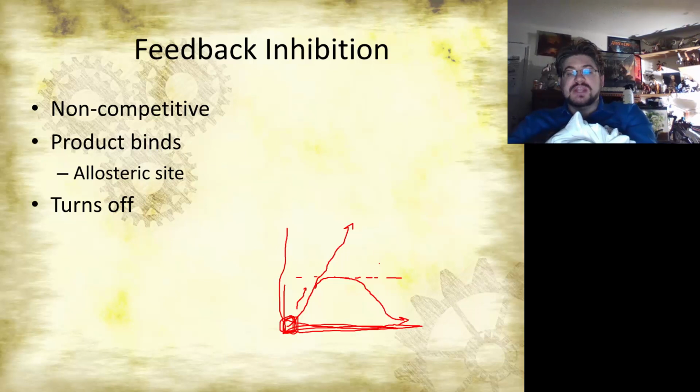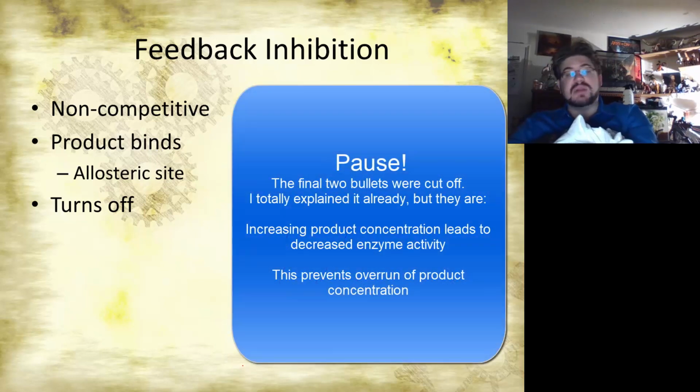And then if the concentration is too low, you have other enzymes that catalyze the removal of the product from the allosteric site, reactivating the enzymes. So feedback inhibition is pretty cool. It's a pretty heavy influencer of homeostasis, of a lot of chemicals.